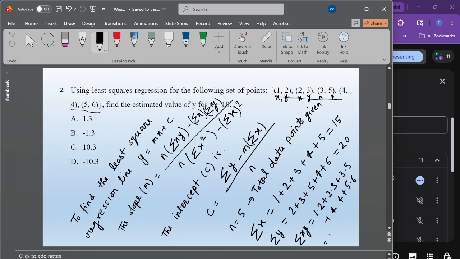If you multiply and add, 2 plus 6 plus 15 plus 16 plus 30, you will get 69. Okay, so we have calculated summation x, summation y, and summation xy. I'm just writing it here. We have got 15, summation y we have got 20, and summation xy we have got 69.